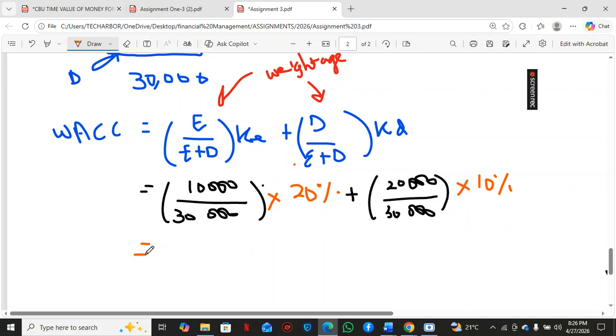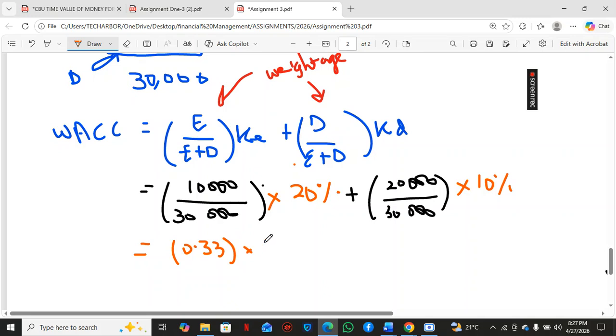So 10,000 divided by 30,000, you get 0.33. So we're just saying that for this entrepreneur, 33% of his financing is equity.